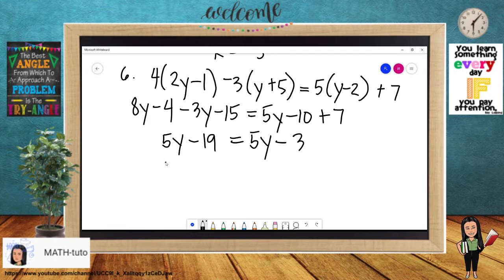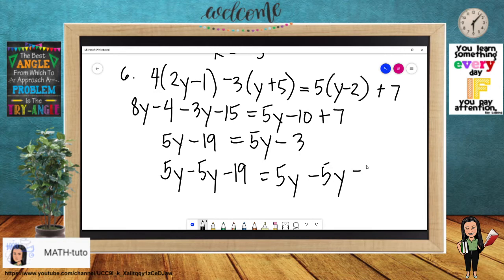So, we need to subtract 5y to both sides of the equation. 5y minus 19 equal to 5y minus 5y minus 3. Okay? Ang ginawa natin, we subtracted 5y to both sides of the equation. Kaya lang, since 5y sa parehong side, na-cancel na pareho. So, each side now does not have any variable.